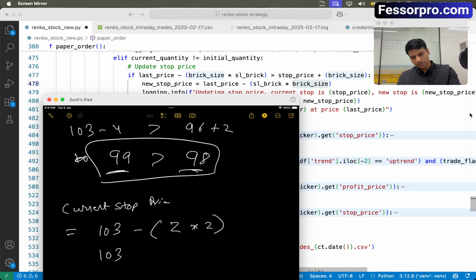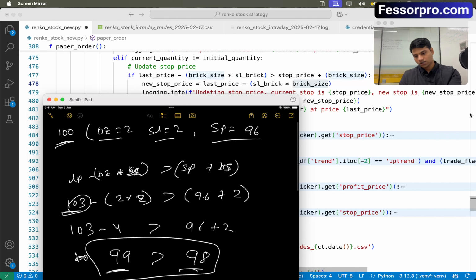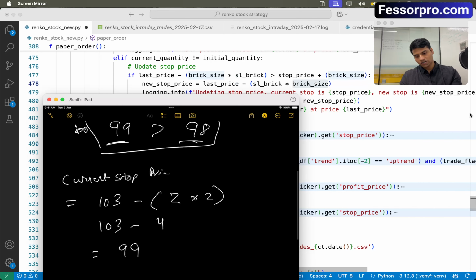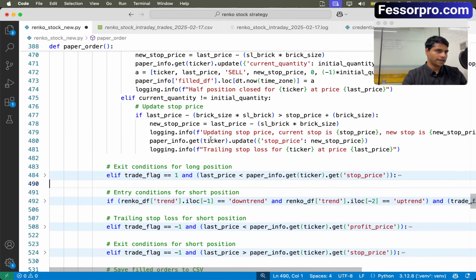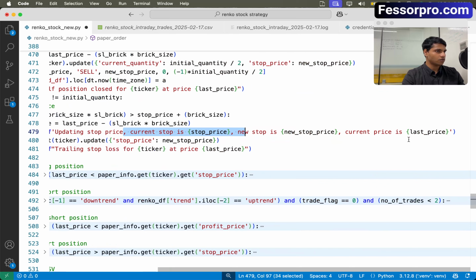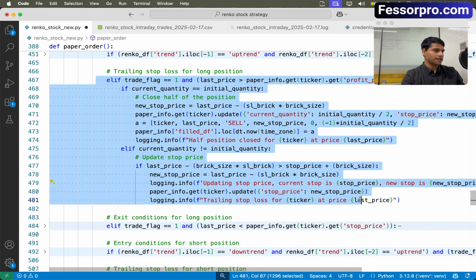So 103 minus 4 is 99. So my new stop loss will be 99. Initially, it was 96. Now I'll change it to 99. Okay, so this is how we do the trailing part. I'll log this information, that we are updating the stop price: the current stop price, the new stop price and everything. And this is what we will do for the trailing condition.